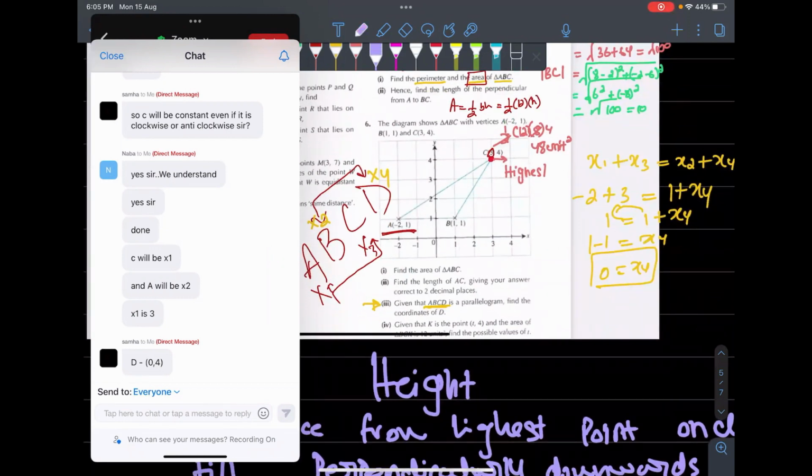Now we do the same working with y. So y1 plus y3 equals y2 plus y4. Again, y1 will be from A and y3 will be from C. So 1 plus 4 equals y2 from B, 1, plus y4.